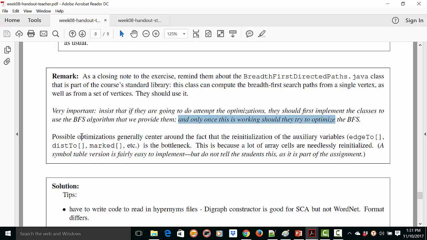Possible optimizations generally center around the fact that most of the cost of the regular implementation is that we compute a lot of things that may not be useful. For example, we may compute all these arrays. That's a bottleneck. So if you can avoid that, then it can help you optimize things.